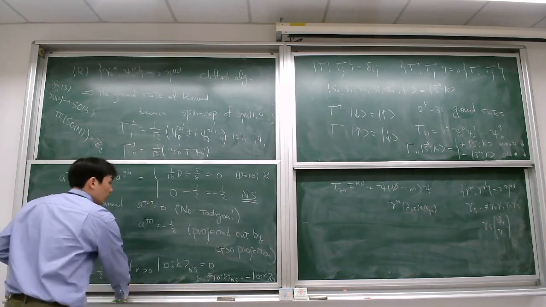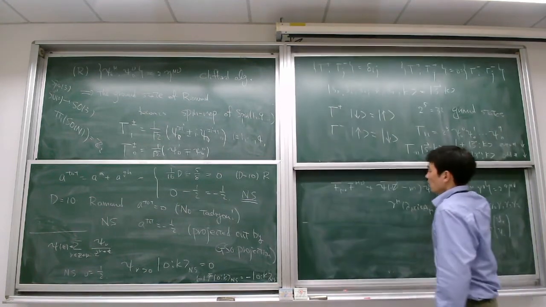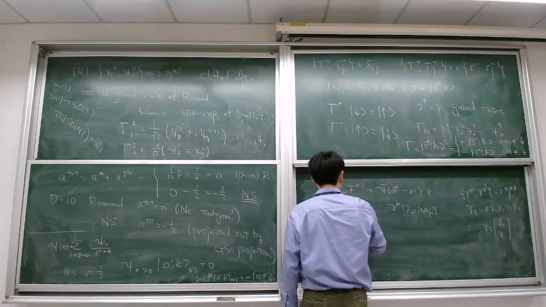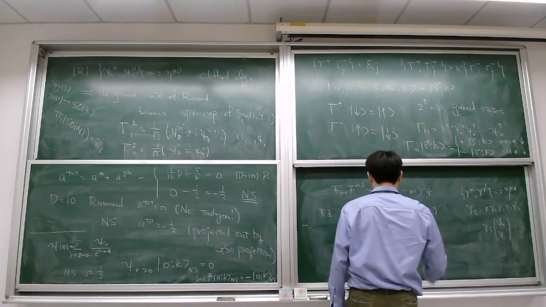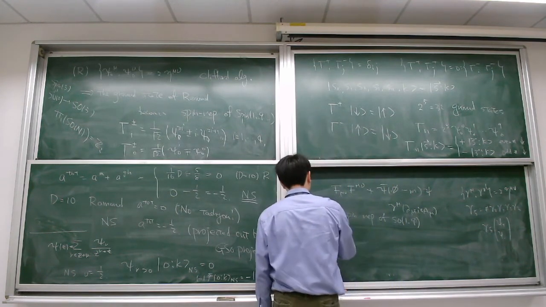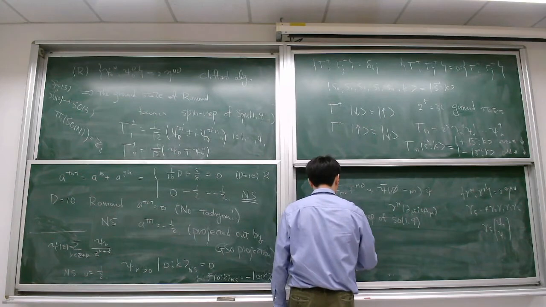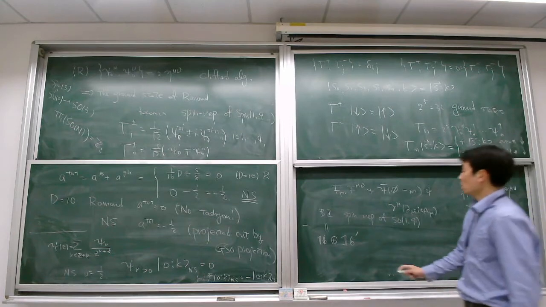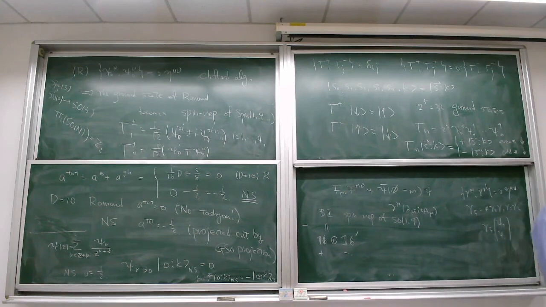This 32, people write a bold 32, is a spin representation of SO(1,9). It is decomposed into chirality representations, depending on plus or minus under this gamma 11, into irreducible representations.